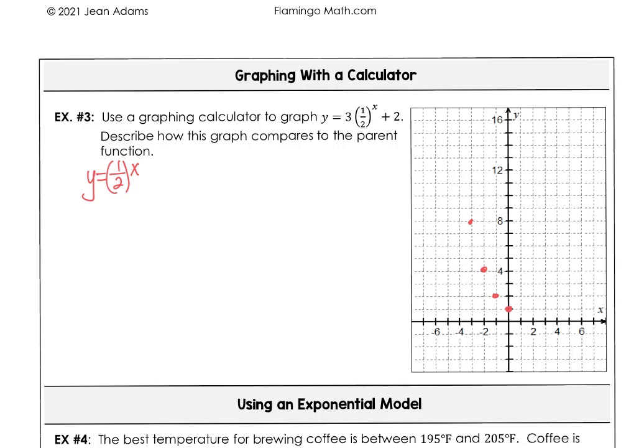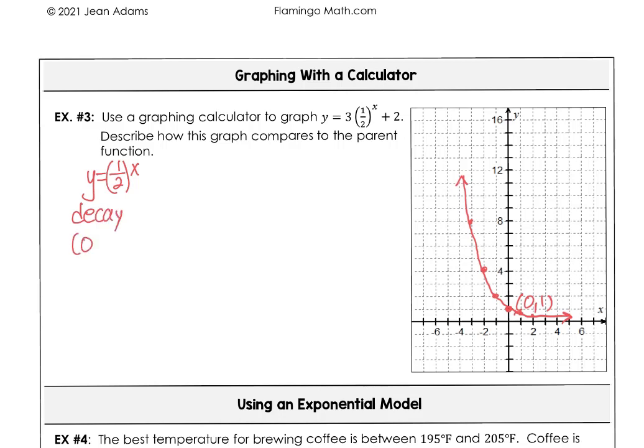And then we know at 1 we have a half, and so on. So we have this exponential decay, which is our parent function, 1/2 to the x power, with this point 0, 1.